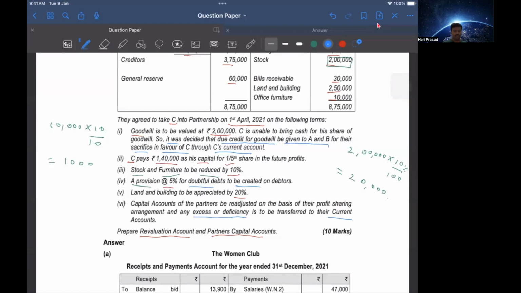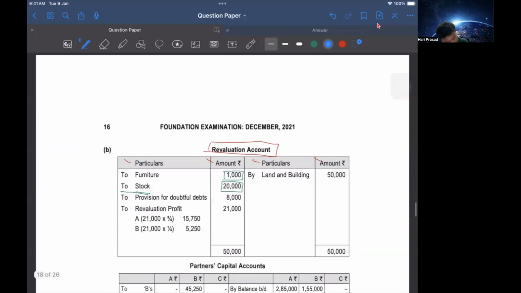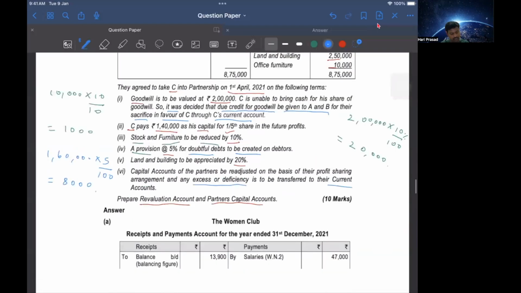What is the value? 5% on debtors. What is the value of debtors here? 1,60,000. 1,60,000 into 5% is 8,000. 8,000 is a loss. Again, we have to debit the revaluation account. Revaluation account is debited by 8,000 in the name of provision for doubtful debts.